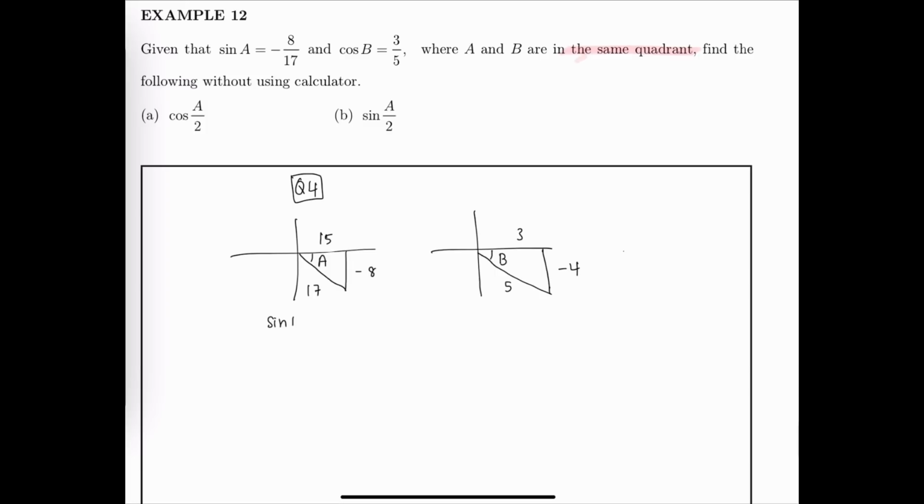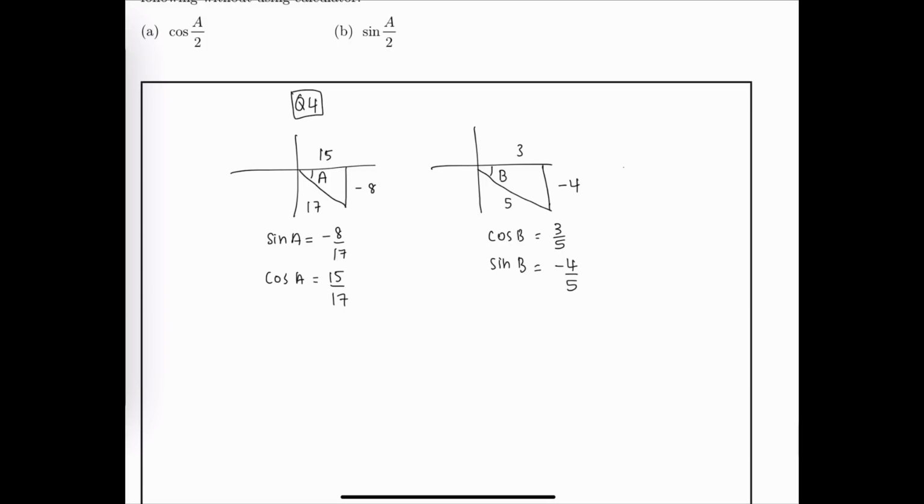The question actually gives you sine A only, but from the triangle, we can get cos A, which is 15 over 17. For B, we were given cos B equals 3 over 5, but we can figure out the value of sine B, which is negative 4 over 5. We don't need to find tangent A and tangent B because the question didn't ask for it.